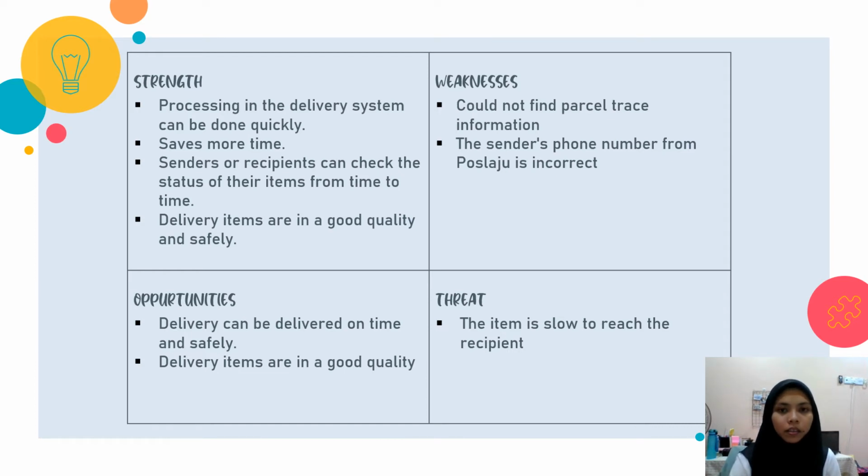For the weaknesses, could not find parcel track information. The sender phone number from Post Laju is incorrect. For the opportunities, delivery can be made on time and safely. Delivery items are in good quality. For the threats, the item is slow to reach the recipient.